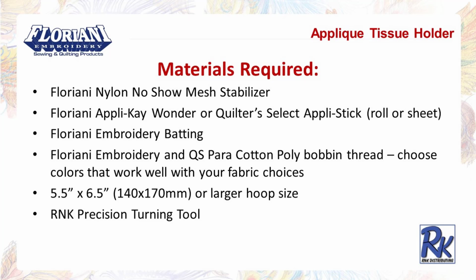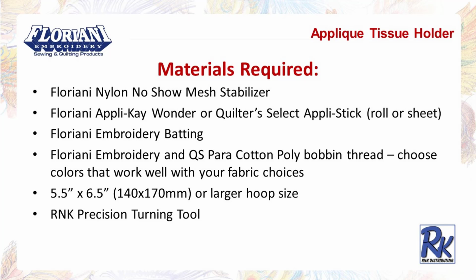And before we do that, let's go over the materials that you're going to need. You're going to need some Floriani nylon no-show mesh stabilizer, some Floriani Applique Wonder or Quilter Select Applique. That's our applique material. You can use either the roll or the sheet. You're going to need some Floriani embroidery batting. You'll need thread.